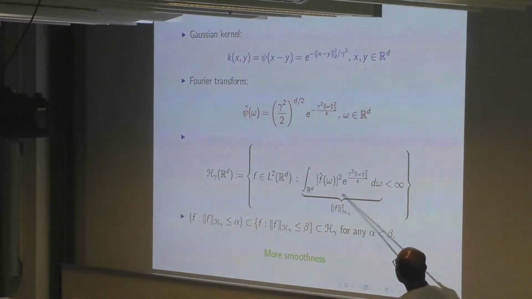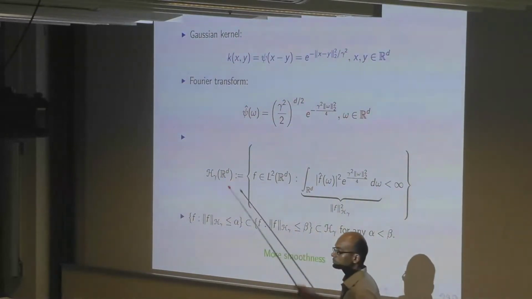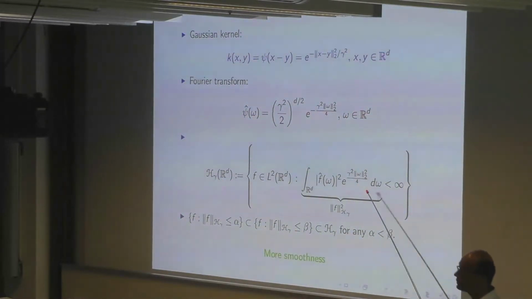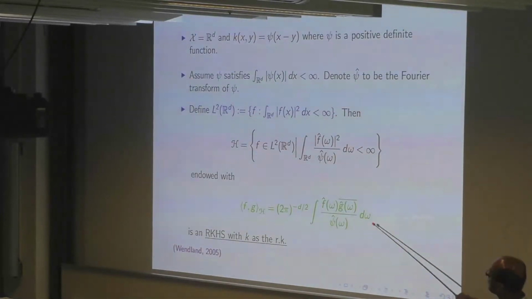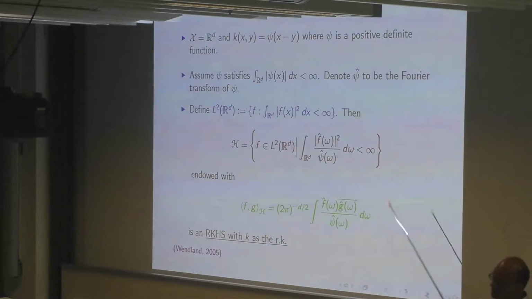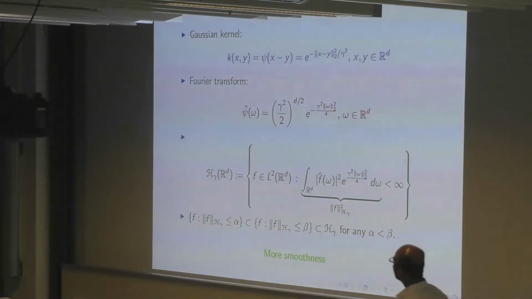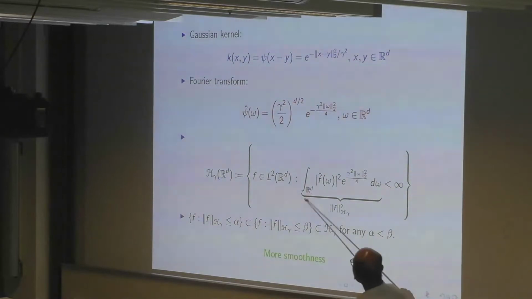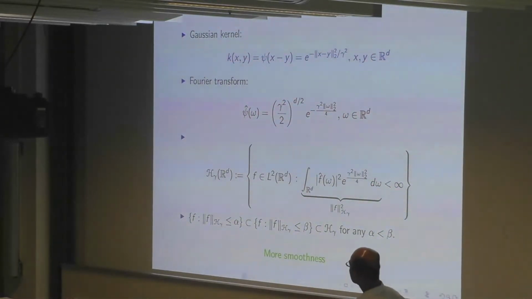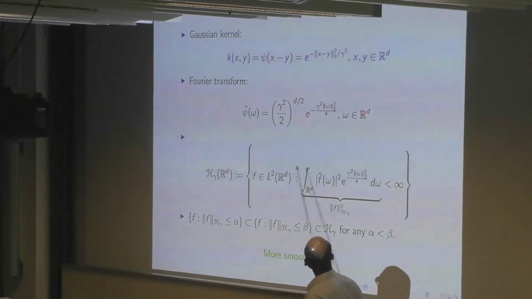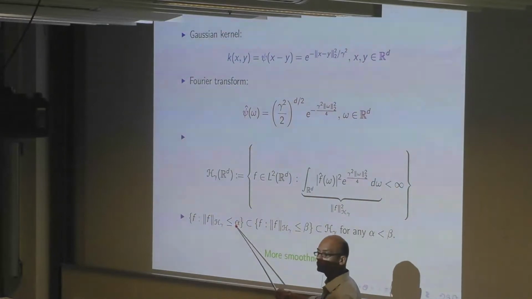Okay, so let us define this as the norm of the function in this Hilbert space. You can verify that this is an inner product, and therefore that basically forms a norm. So instead of wanting this integral to be finite, suppose I want this quantity to be less than or equal to some alpha.